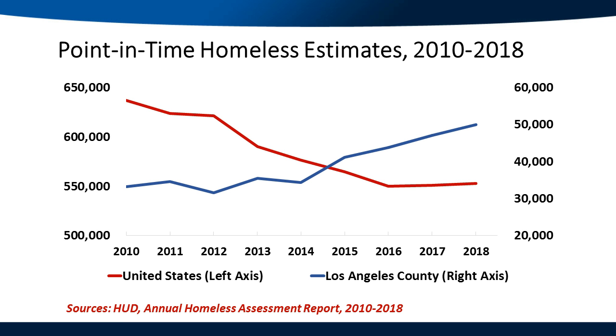If we have the line for California, it looks fairly similar to LA County, so it also looks upward. We have seen a mostly constant increase over the same decade in the number of homeless in LA County, such that the latest estimates were of about 50,000 individuals.